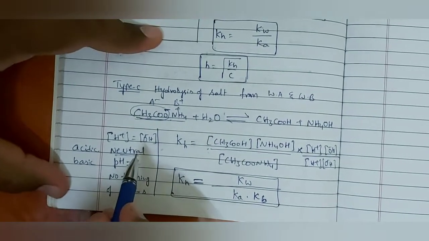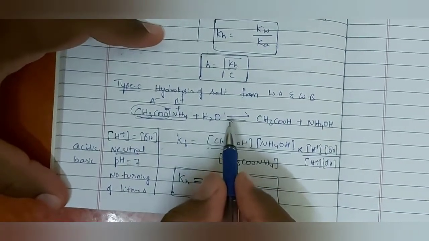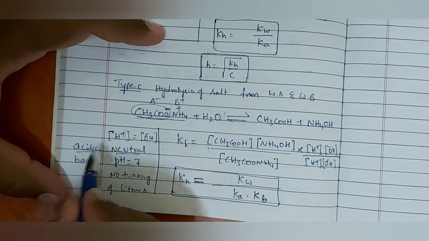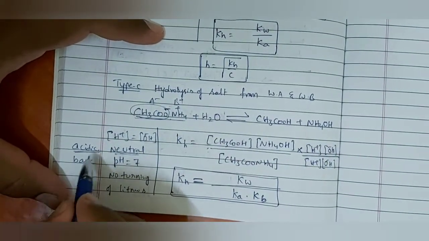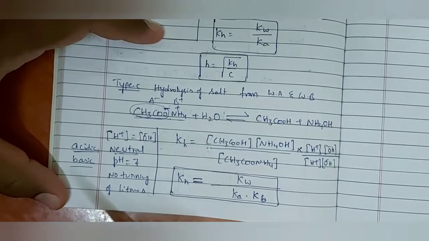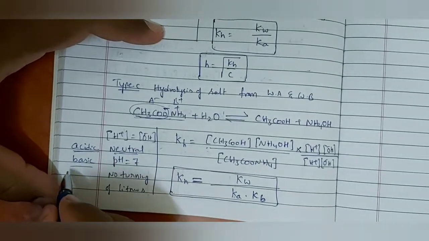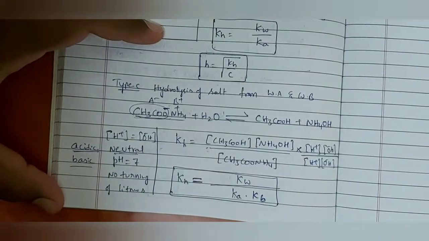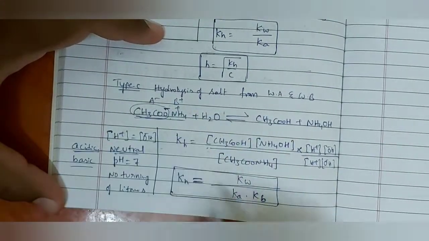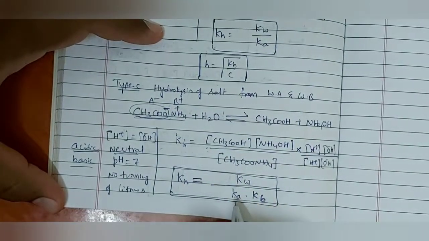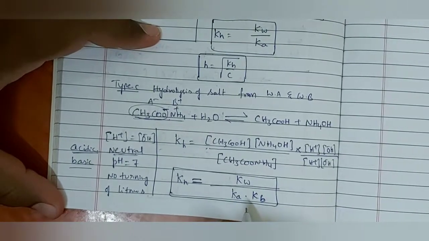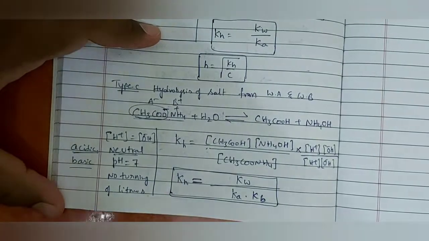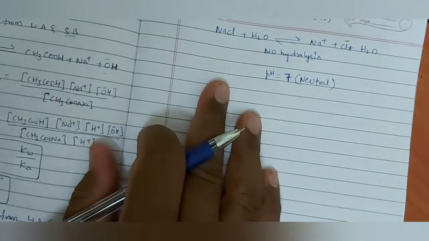That's why, depending on the strength of the conjugate acid and conjugate base, in hydrolysis of salt from weak acid and weak base, we will get sometimes acidic, sometimes basic. So pH might be less than 7, greater than 7 or equal to 7. That's why we wrote Kh is equal to Kw by Ka into Kb. Both characters it will show, or sometimes it will be neutral also. But perfectly this one is pH is equal to 7 only.